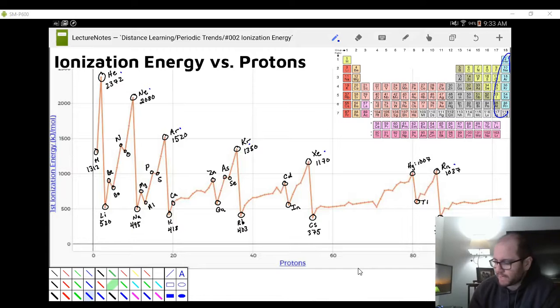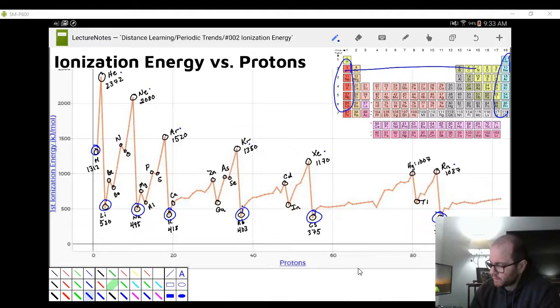So the highest ionization energy is there at the noble gases, and conversely, we see that all of our lowest points, lithium, sodium, potassium, rubidium, cesium, francium, are down there at our alkali metals. So we see that in general, as we go from left to right, we have an increase in the ionization energy. The amount of energy needed to remove that electron is increasing.